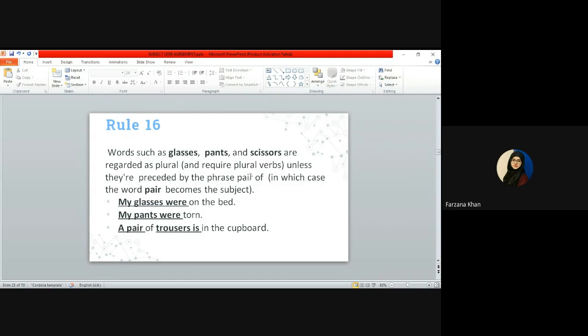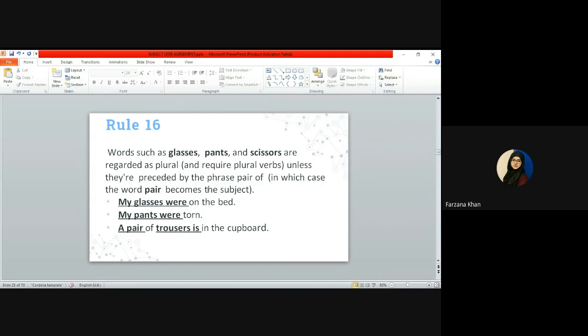When a pair of is used before glasses, pants, and scissors, then we will agree the verb with the subject a pair of, but not with the subject pants, glasses, trousers, or scissors.